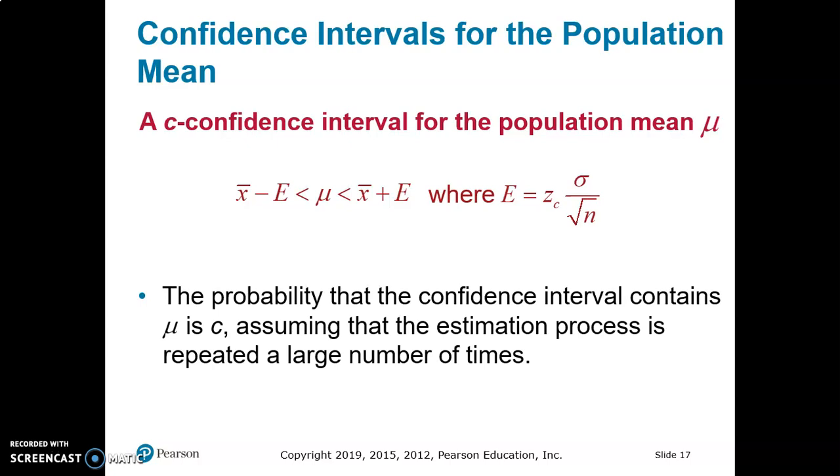A c confidence interval for the population mean mu: you take your point estimate X bar, so you'll always calculate this, and you subtract E, your standard error, for the lower bound of the confidence interval, and then your upper bound is X bar plus your standard error, where your standard error is that critical value you calculate based on your confidence times sigma over the square root of the size of the sample.